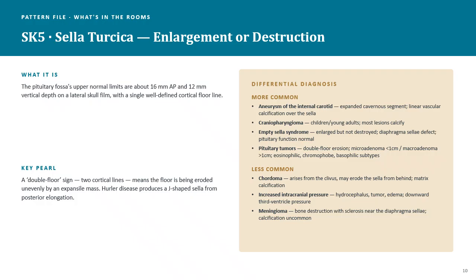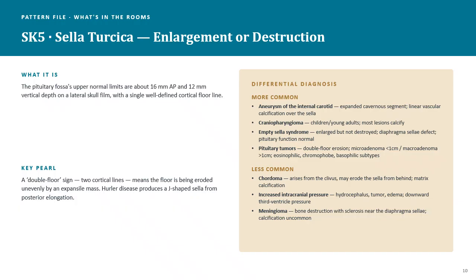With that double floor sign, we'll start to see two lines instead of one line along the bottom of the sella turcica.